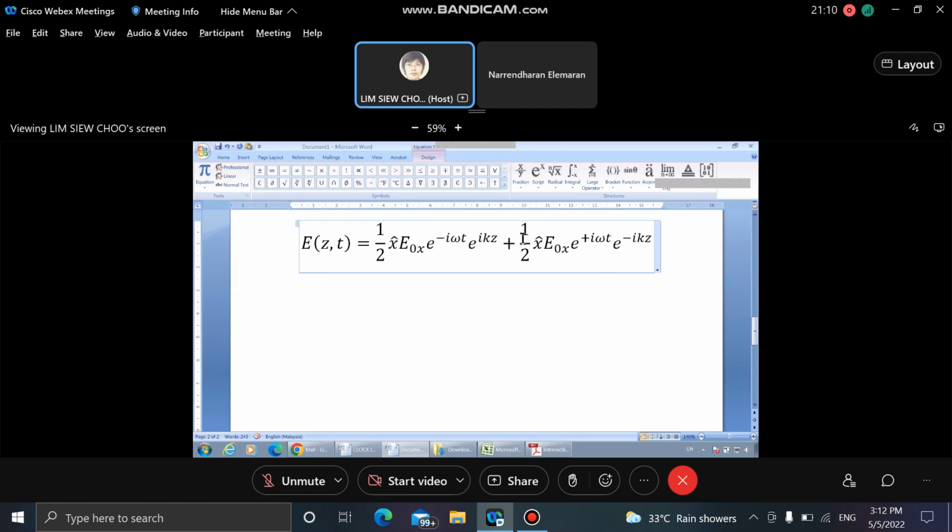okay, let me say something. So this is the real field notation, and we can write it in complex form. It's like this. You can see the half here, right? So if you want to really write the real field, then it equals half the real part of something with cos or sine.